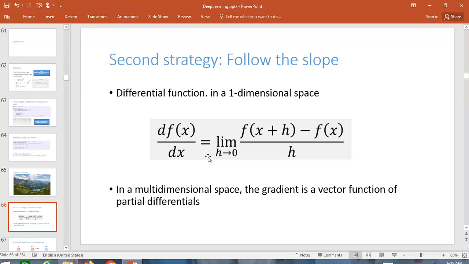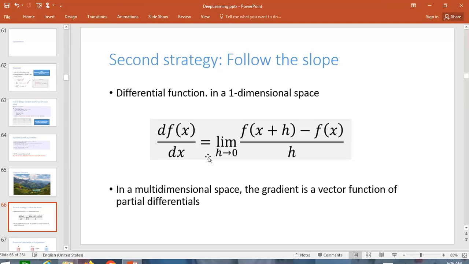When f is a non-linear function, you know that this relation calculates the slope of the tangent line to this curve. This h is actually the same step.